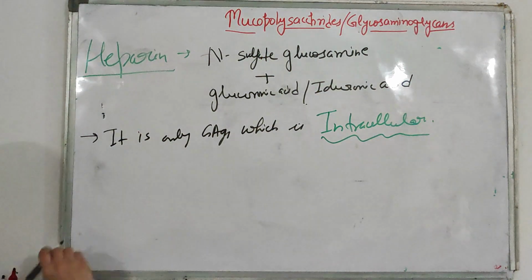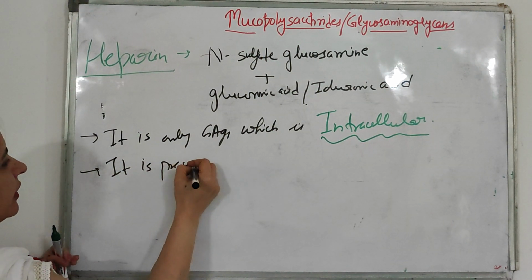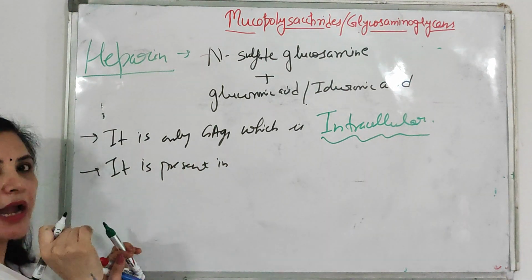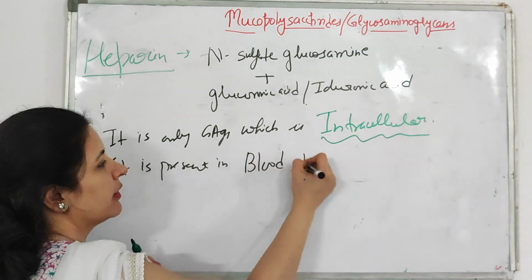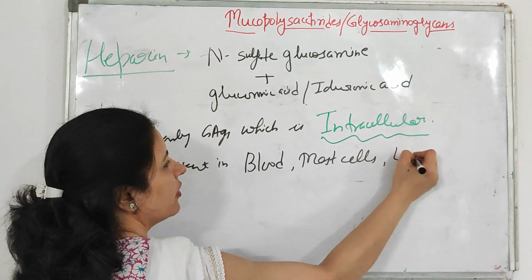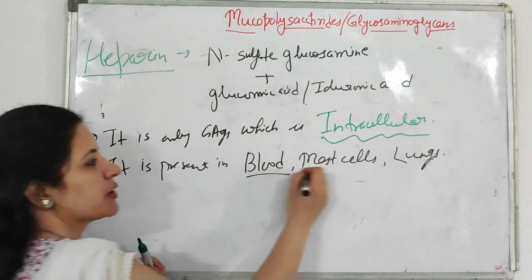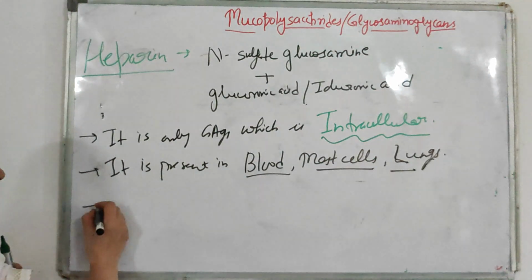Okay. So where is it present? As you know from before, heparin acts as an anticoagulant. It is present in your blood, in your mast cells, and in your lungs. And what is its function?